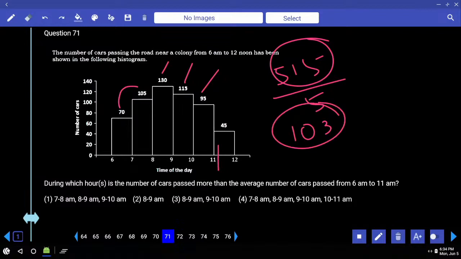In 7 to 8, in 8 to 9, in 9 to 10. Answer is option 1. It is more than 103.